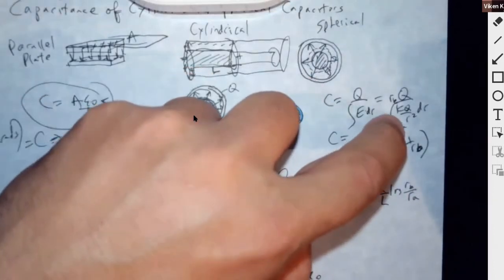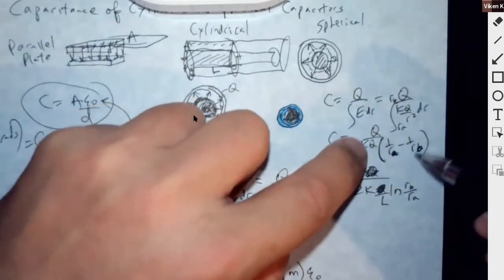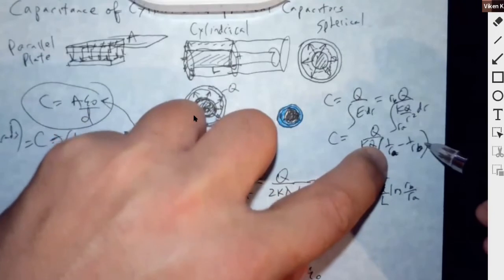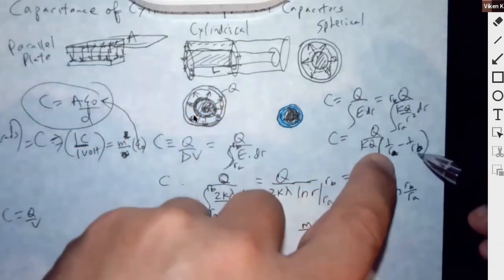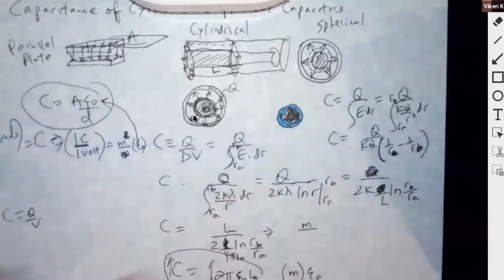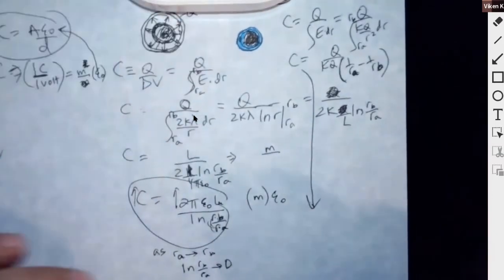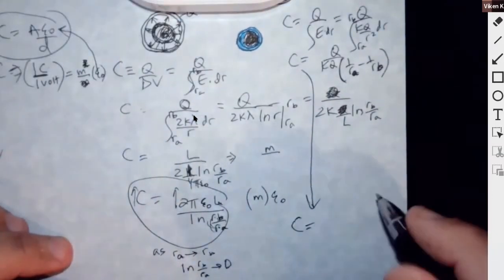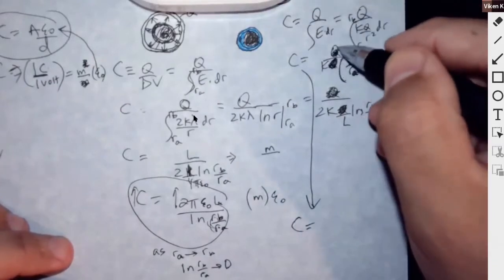So the integral of that is 1 over r, or negative 1 over r, but I'm taking the absolute value here anyway, so I don't care about the signs. Then I'm going to simplify this. So then it turns into what? The Q cancels, the Q cancels.